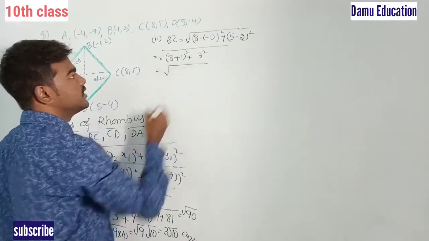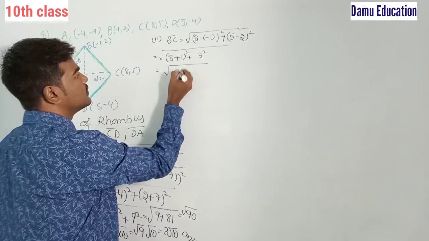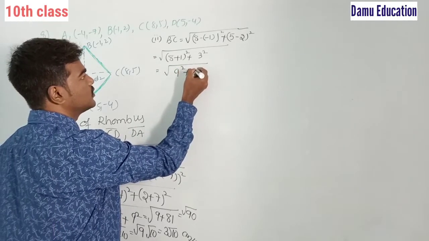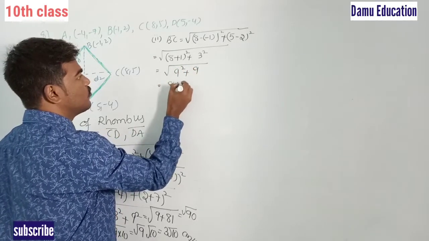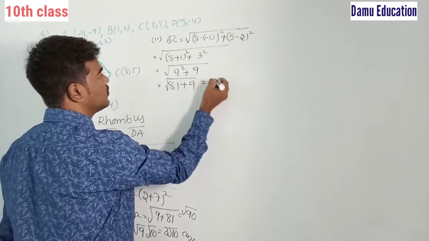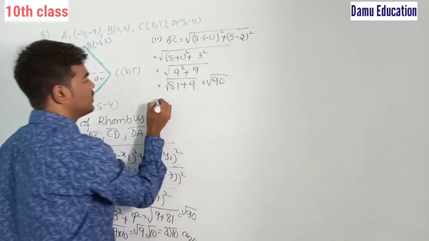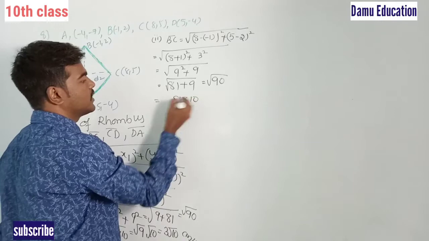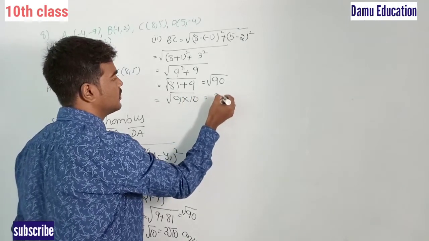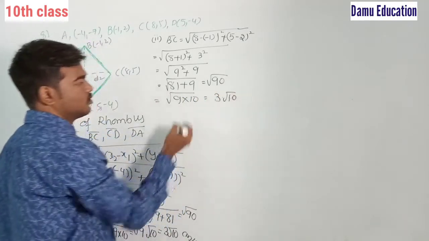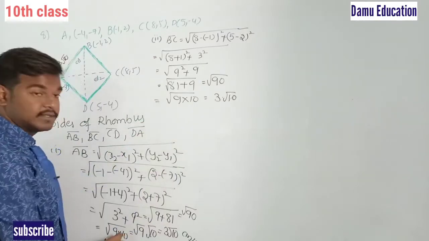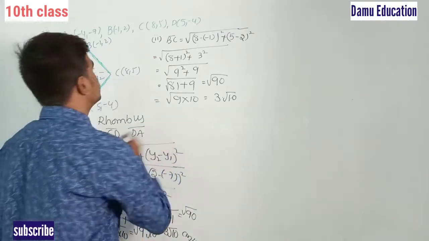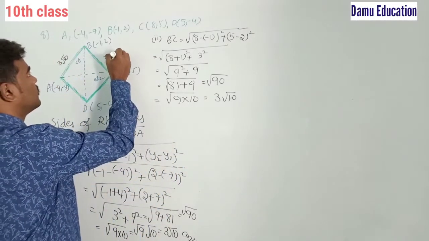So 9 square, 81, plus 9, that is 90. This will become 9 into 10, that is 3 root 10, as we already calculated.